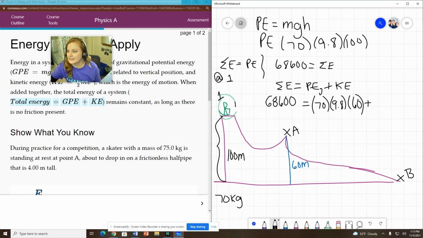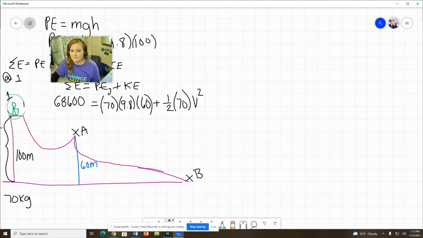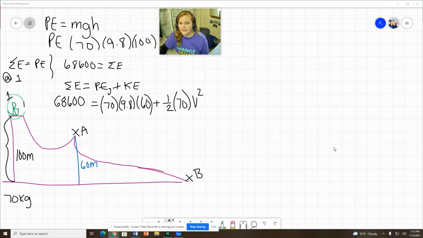I know that the mass of the skier is 70, so 1/2 times 70 times v squared. So the only thing at this point that I do not know is the velocity of the skier. That's the only unknown that I have in this equation. I'm going to go ahead and make this bigger so I have a little bit more space to work with, okay? So let's go ahead and solve this problem here then.